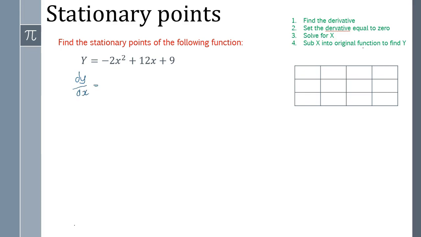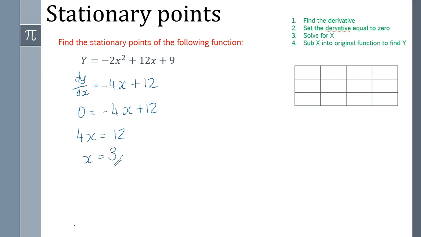So we're going to drop the 2 down, negative 4x plus 12. Okay, so that gives us the slope at any given point. When the slope is 0, that's where our turning points occur. And then we just have to solve for x to get the x coordinate of the turning point.